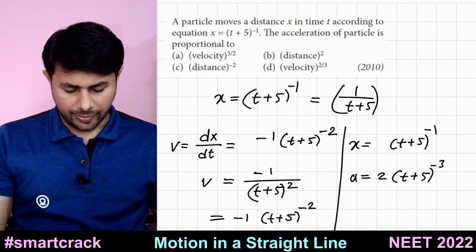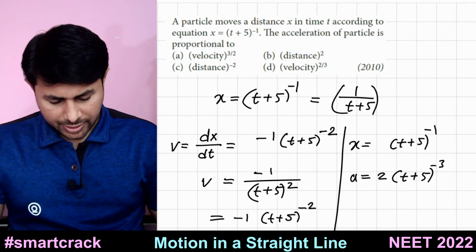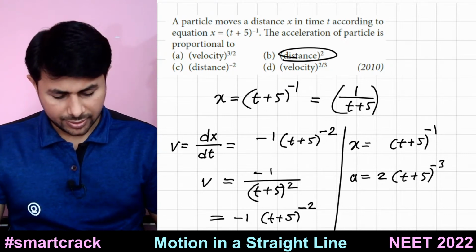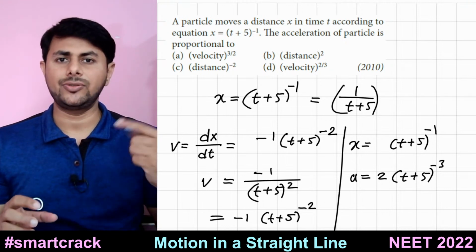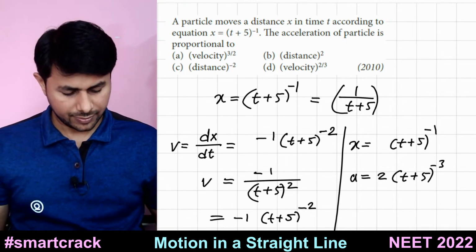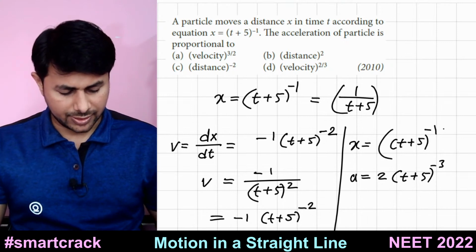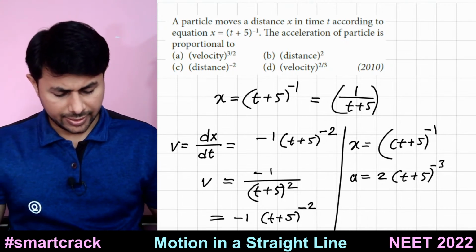Okay, so see, distance squared is not correct, because if you square distance, what will you get? (t plus 5) raised to minus 2. Okay, right? Square of this. That's not correct.